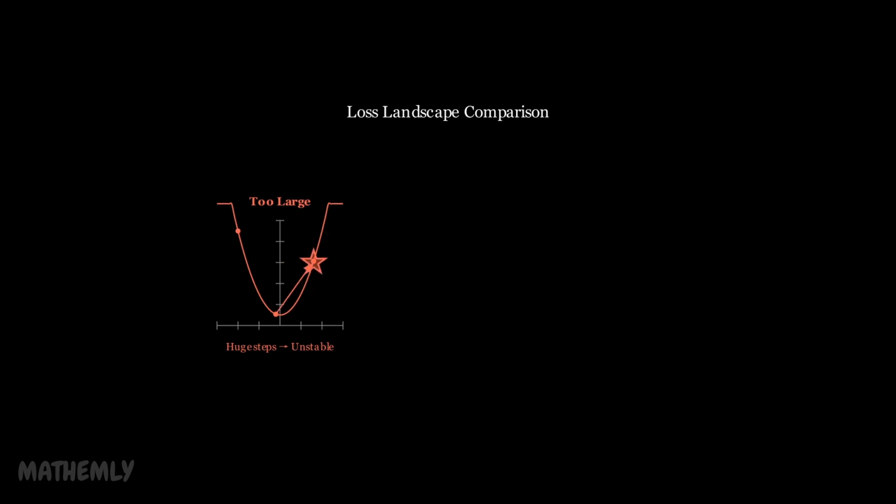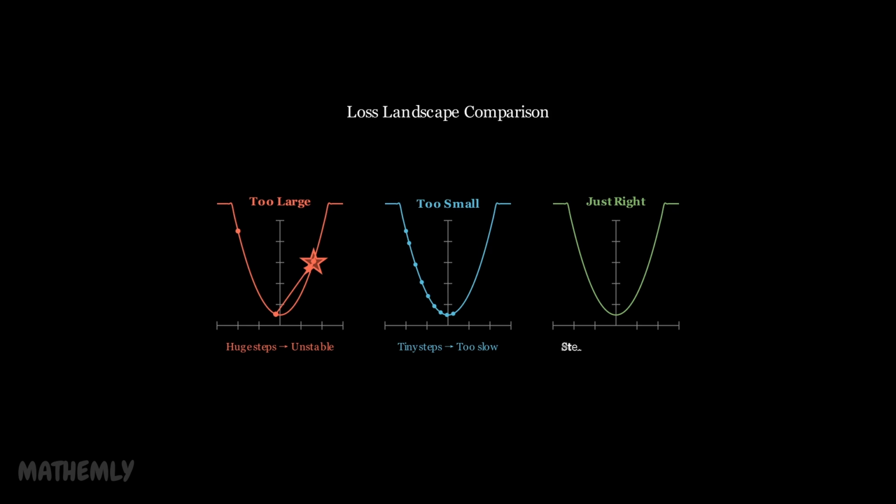If the learning rate is too small, the network barely moves at all. It may be heading in the right direction, but learning becomes extremely slow and inefficient. A well-chosen learning rate finds the balance. It allows the network to take steady, controlled steps that gradually reduce the loss and improve predictions over time.